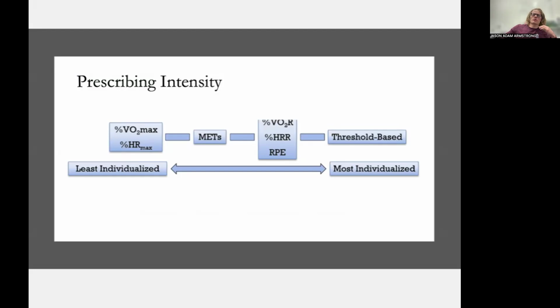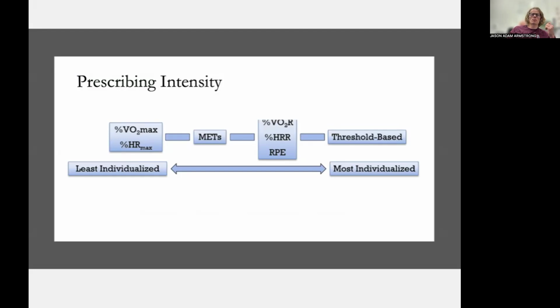Then we have a percent of VO2 reserve or heart rate reserve. Those are a little more individualized. There's a little more research backing that prescription as opposed to just going off of a percentage of maximal values. So those take into account resting heart rate and resting VO2. So that's more helpful. We're getting there. We also use RPE at this point, and I'll get more into this in the next slide.